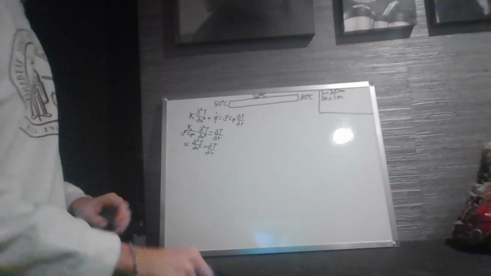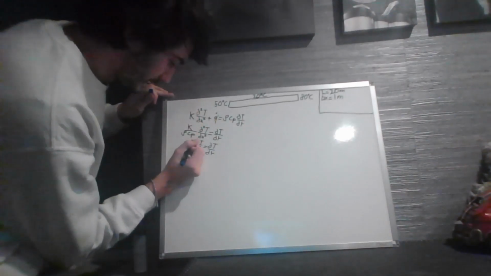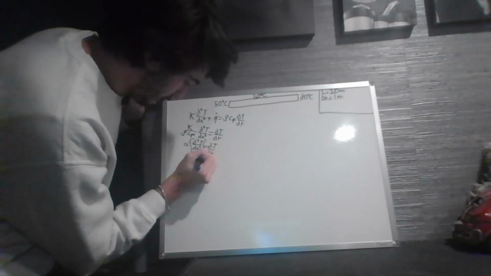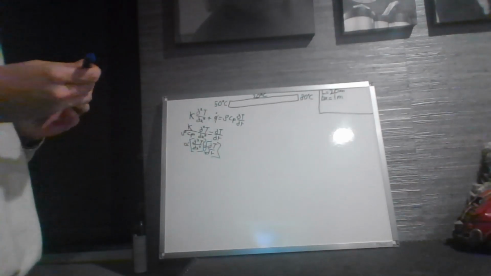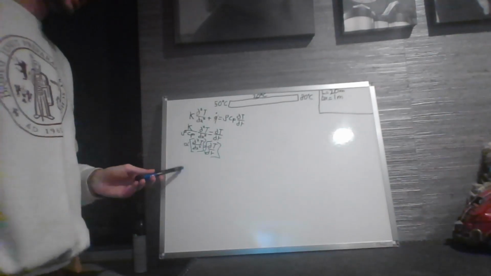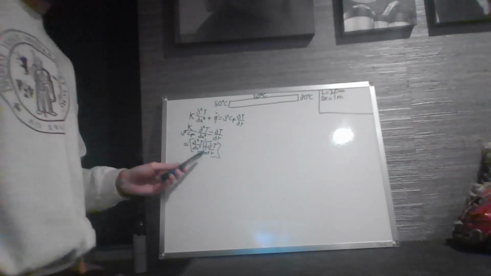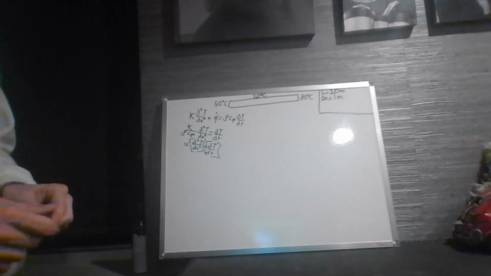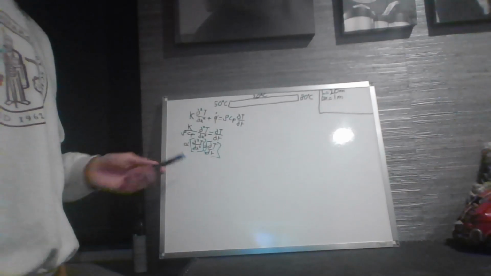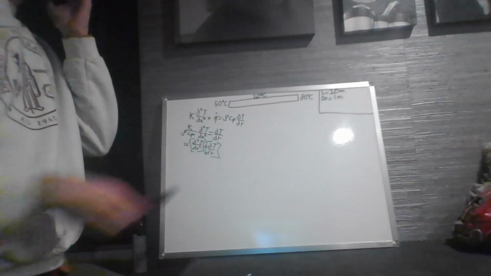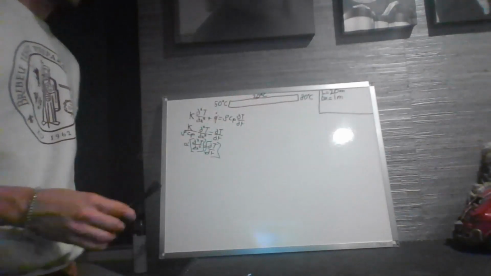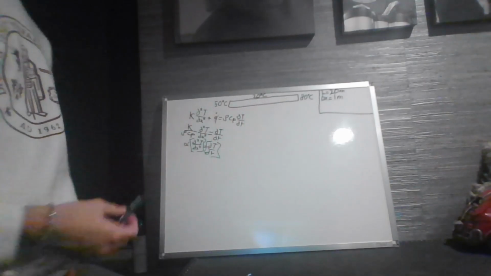Beautiful. Now what we want to do here is get the explicit differentiation of these two expressions, right? The second partial derivative of temperature with respect to x squared, and the derivative of temperature with respect to time. I'm going to start off with the first expression. As you can recall, we said we have a bar 20 meters long and delta x is 1 meter.